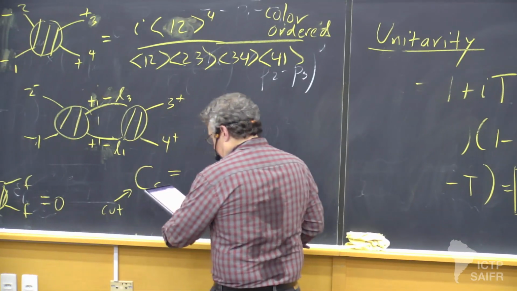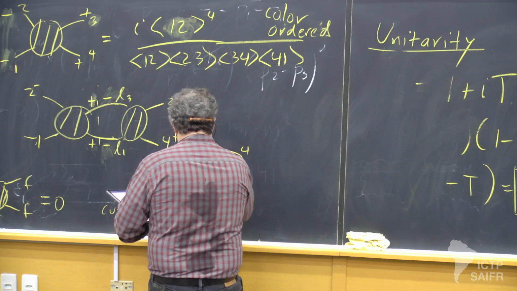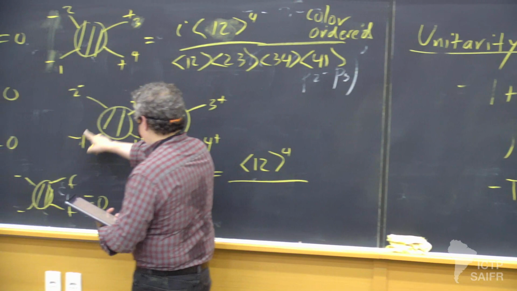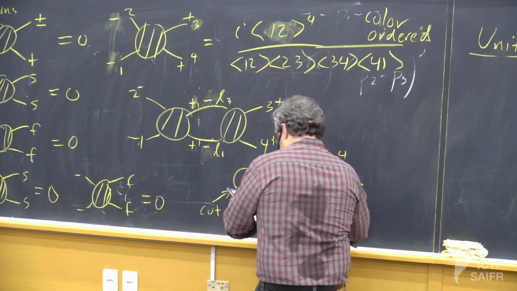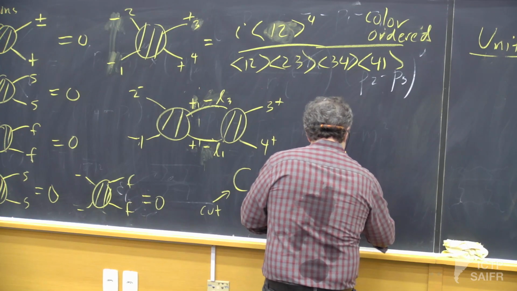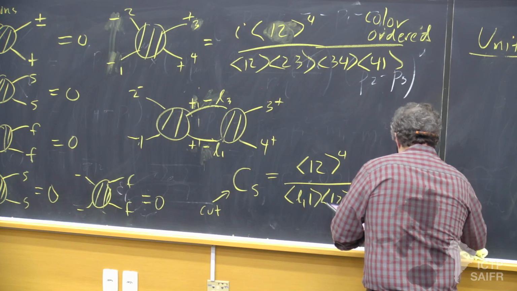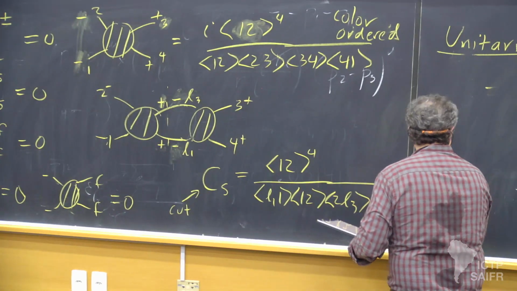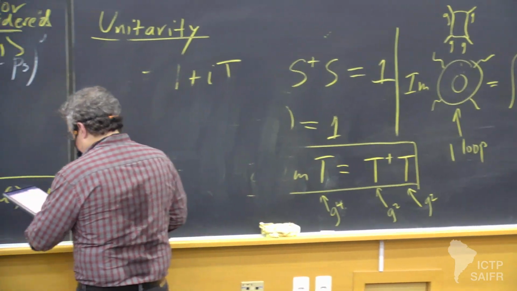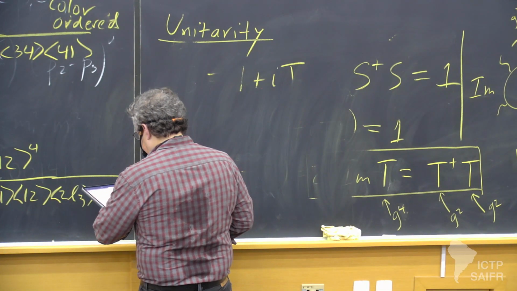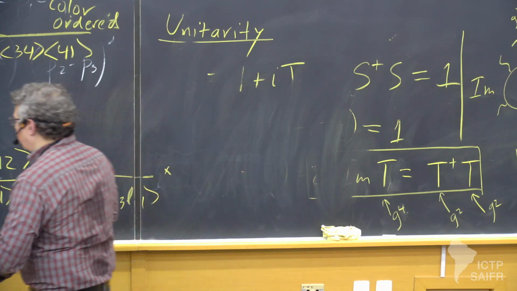So I write it down immediately. It's 1, 2 to the 4th. Okay, and then I have to look here. It's L1, 1, 1, 2, 2, L3, L3, L1. Okay. So that's one side. And then on the other side, oh, I need some minus signs.